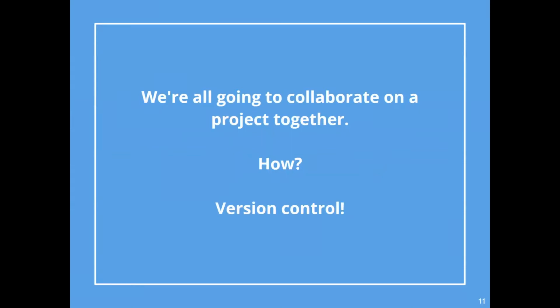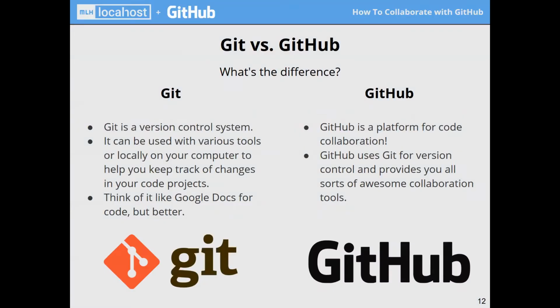But first of all, we're going to talk about collaborating on a project together. And how do we do this? Version control, of course. So you'll often hear about Git and GitHub, and there is a difference between them. Git is the version control system. It can be used with many tools or locally on your computer to help you keep track of changes in your code projects.